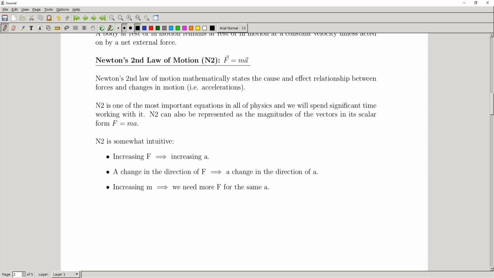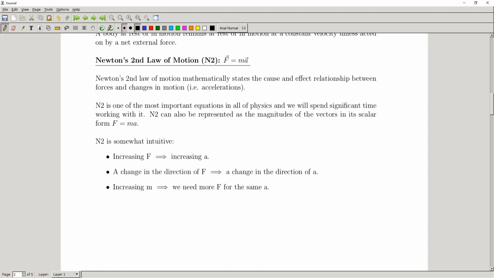Okay, but if we just look at it in this form here, it's kind of intuitive what it's saying to us. Let's look at some of the things that we can read from it. If we increase F, we see that A also would have to increase, considering that there's going to be a constant mass, right? Considering that we're not changing mass. For whatever object, which generally wouldn't change mass, if we increase the force, then we have an increased acceleration.